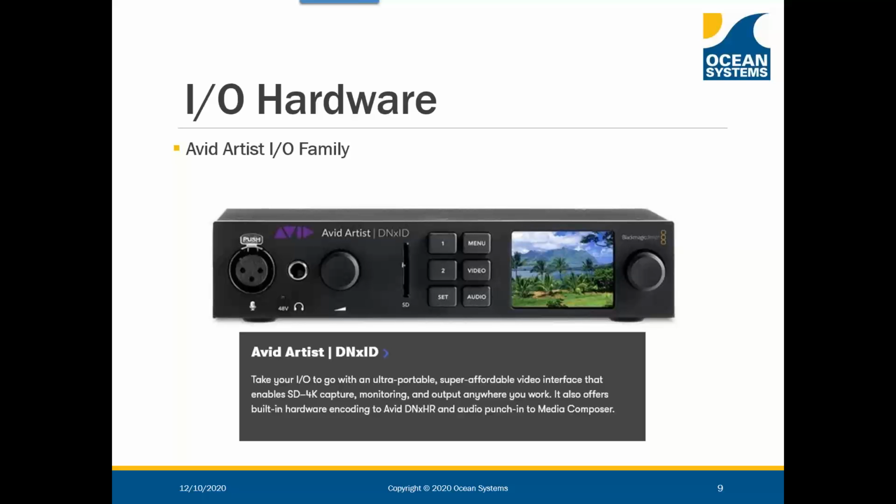So DNX IQ and the Artist I/O family, absolutely incredible devices. The one on the screen right here is the Artist DNx IP. This is their mobile portable solution that also is very capable for a lab environment. Thunderbolt 3 connectivity, completely uncompressed up to UHD.